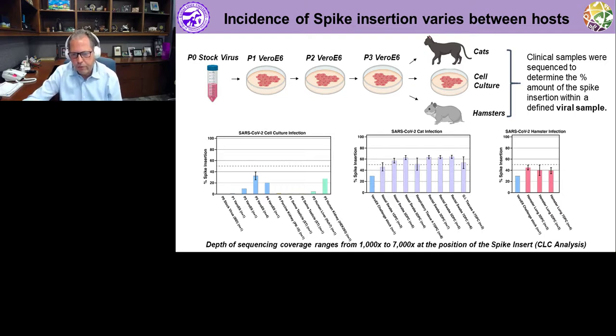And this is shown throughout various tissues, GI tissue, rectal swabs, and even in respiratory tissue. If we do the same with hamsters, you can see that we have an increase also in this mutant sequence if we transmit that P3 Vero stock virus into hamsters.